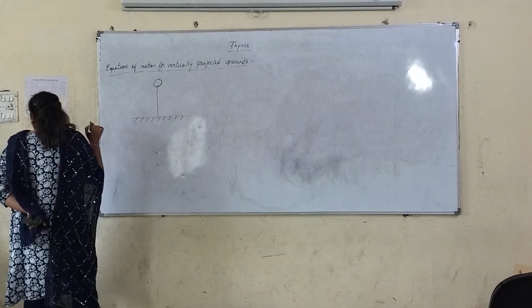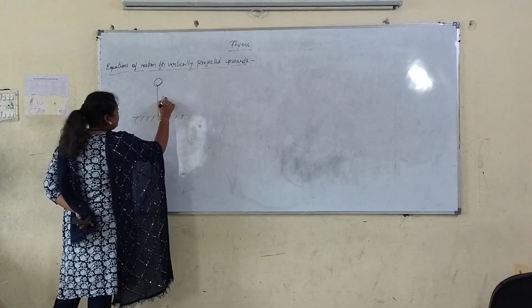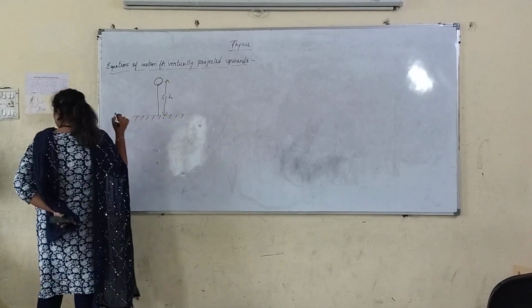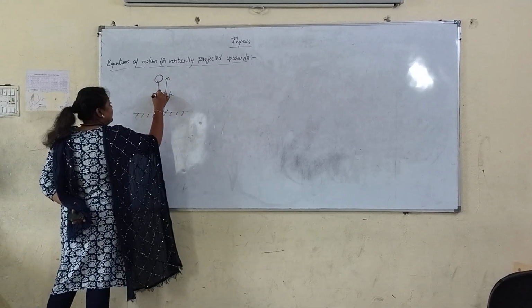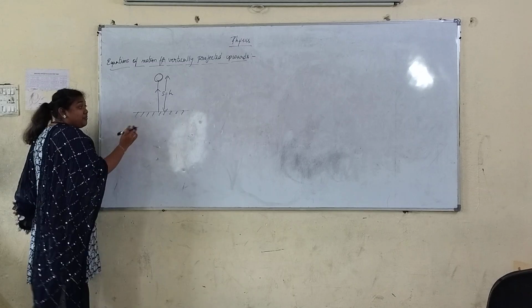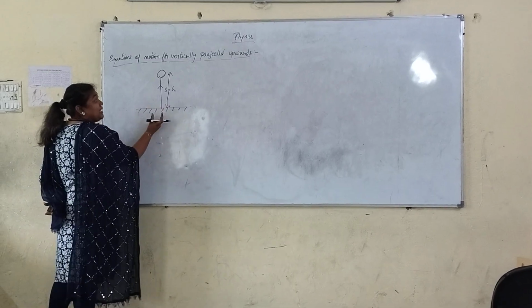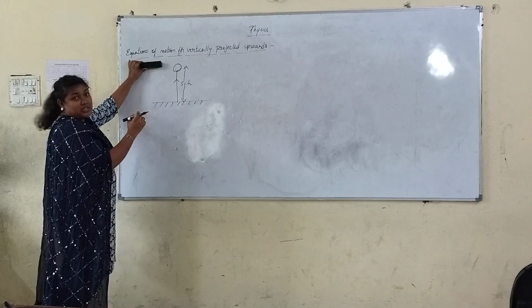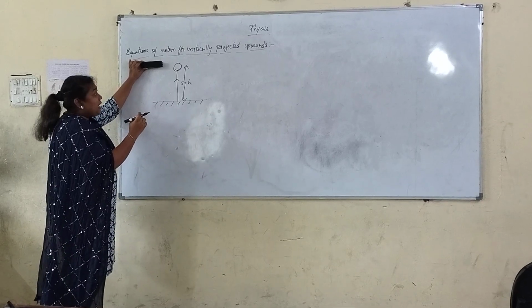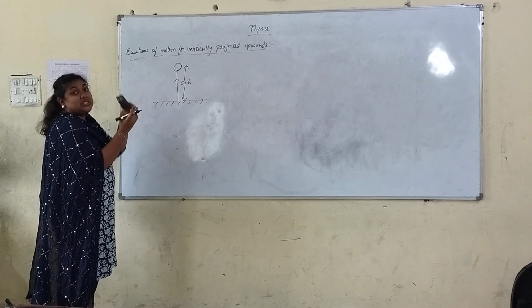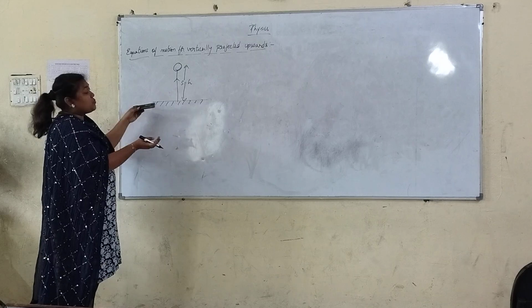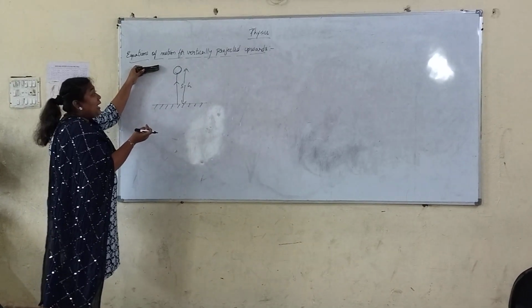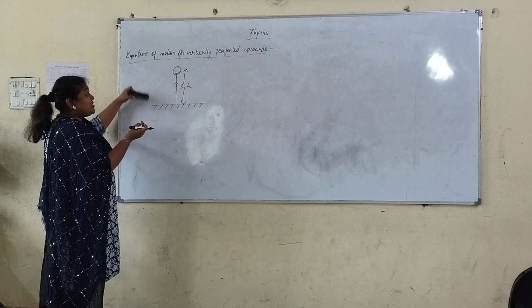Okay, and the body reaches a certain height. Whenever the body is projected upwards, obviously the velocity decreases as the body reaches the top of its position, and it is also moving against gravity.